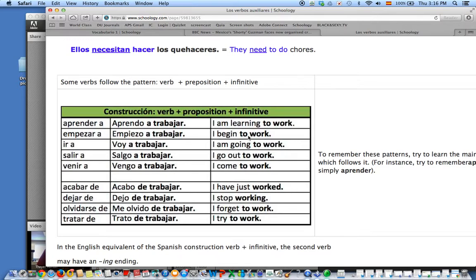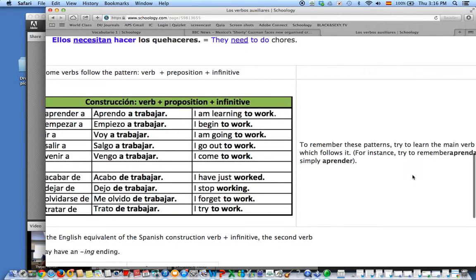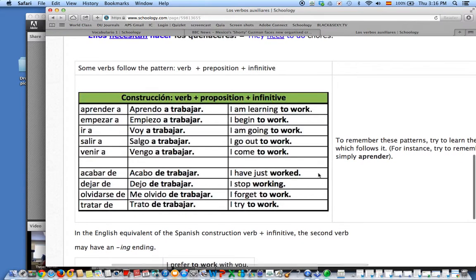So before we just had to conjugate that first one and then make the infinitive. Well, for these, you also need to add the a on there as well. So to remember these patterns, learn these phrases with the a at the end: aprender a, empezar a, ir a, salir a, venir a.